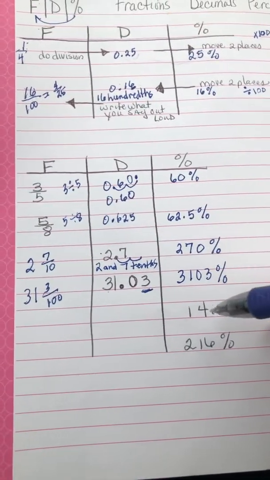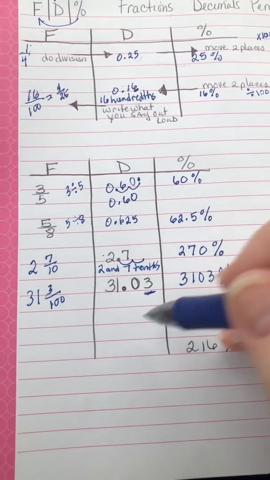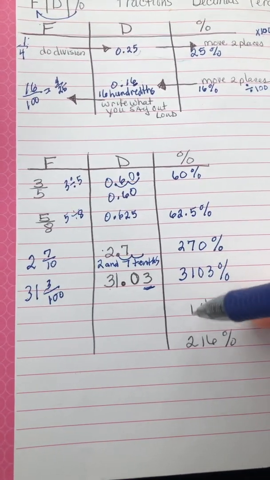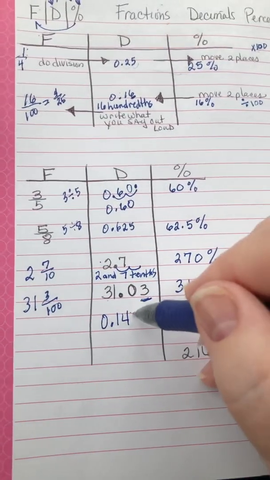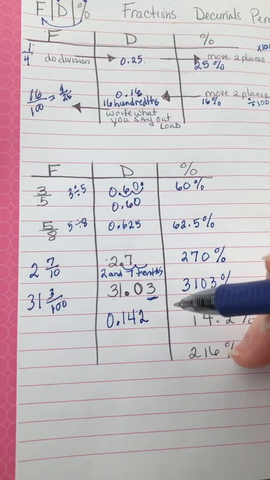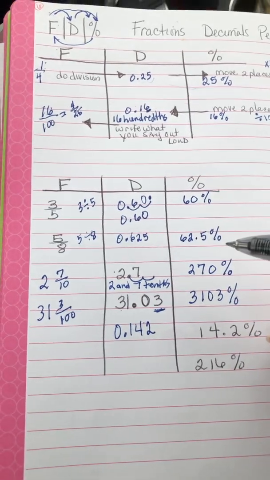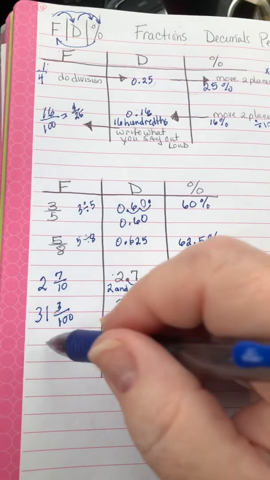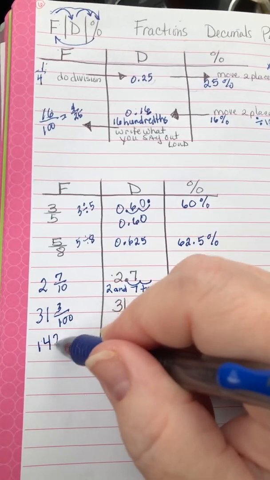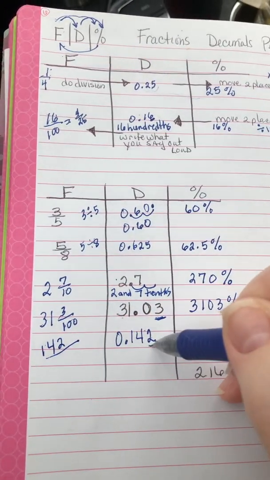If we're turning 14.2% into a decimal, we're going to move that decimal 2 places, so it's 0.142. And then when we turn it into a fraction, it's 142. And then the denominator is the last place value.